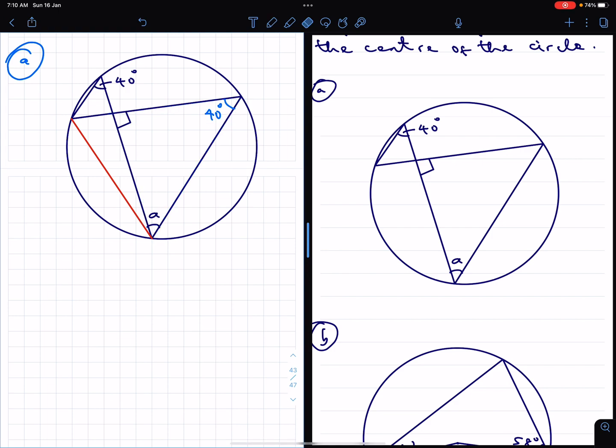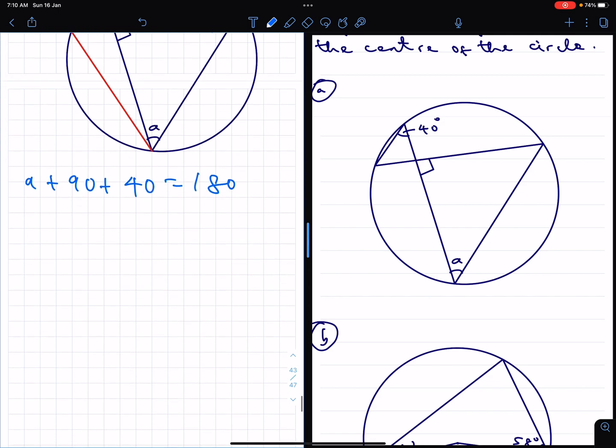That simply means A plus 90 plus 40 equals 180, angles in a triangle. 90 plus 40 is 130, and that means A is 180 minus 130 degrees, which means A equals 50 degrees.